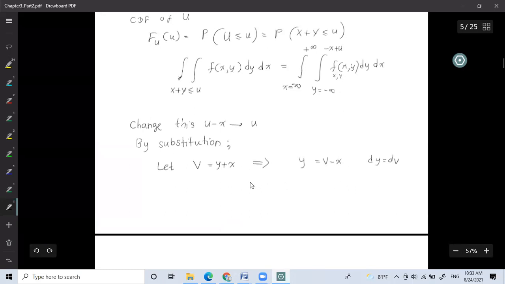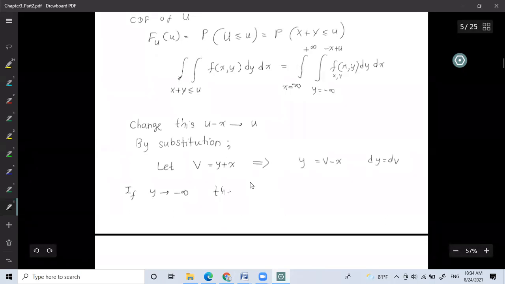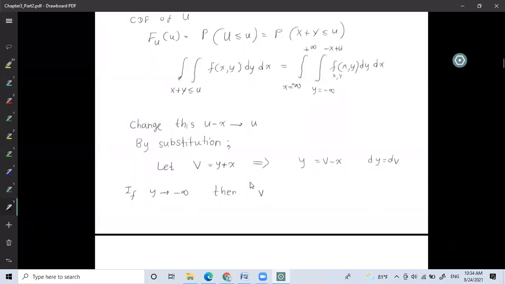Now let's get the limits. Now our y is from negative infinity up to negative x plus u. If y goes to negative infinity, then what will happen to v? Since x is another number, v will also go to negative infinity, right? Is that clear?